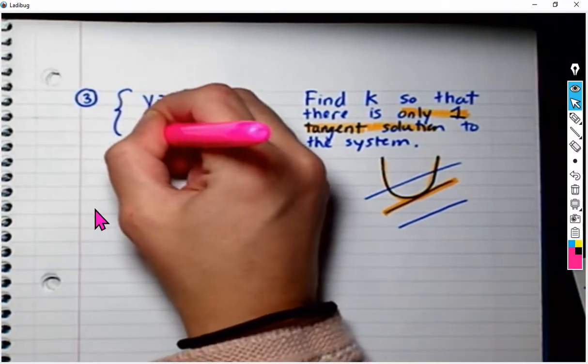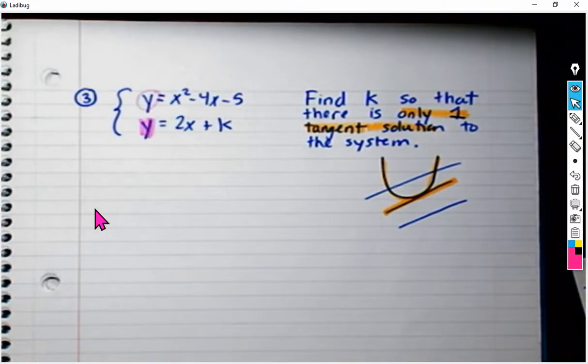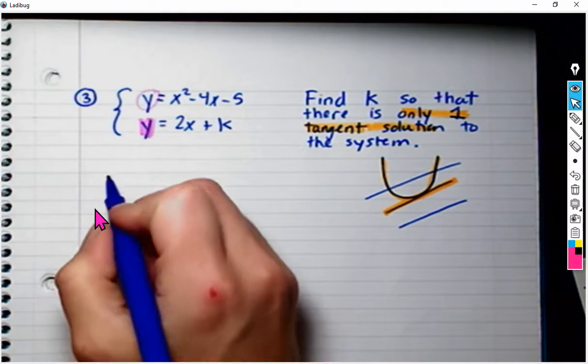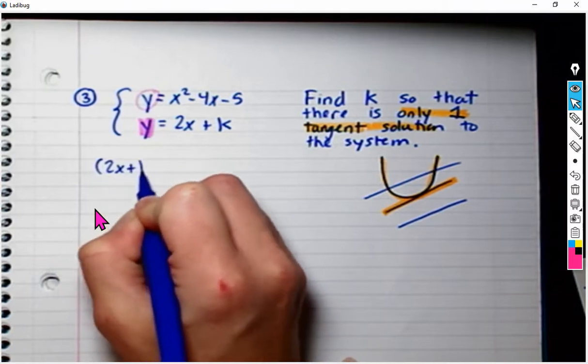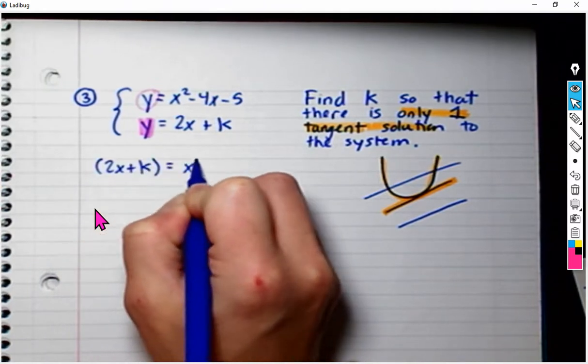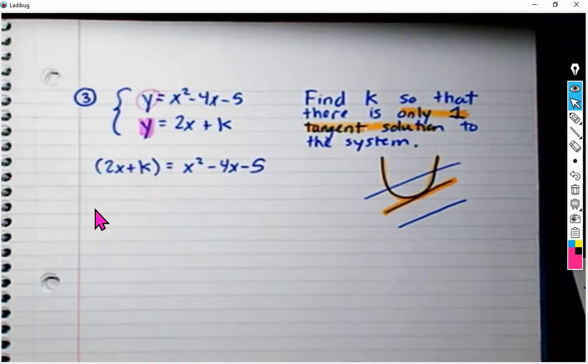So I'm gonna take this one and substitute it in there. Okay, so 2x plus k. All right, solve.